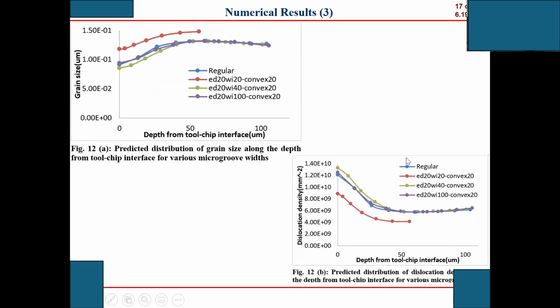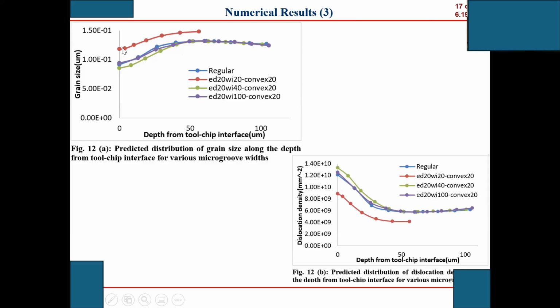So this is a predicted distribution of grain size along the depths from the tool chip interface for various microgroove widths. Here is the grain size, and this is the depth from the tool chip interface. Here is the regular tool, and these are the three tools.